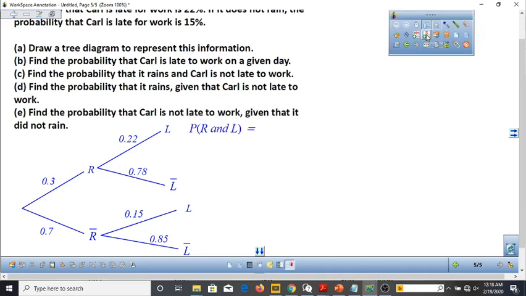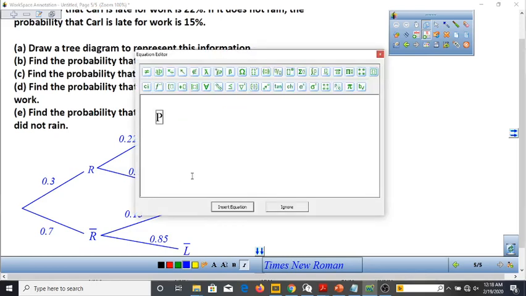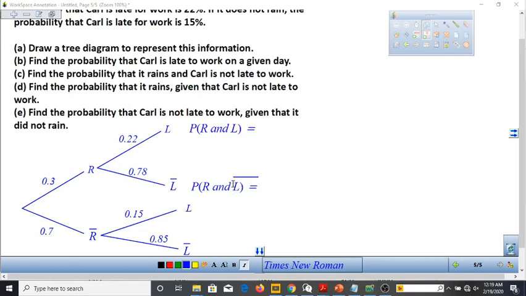Then let's do another one, but this time for R and then L complement, which we'll write as the probability that it rains, that's the R, and he is not late. We're going to see what that works out to be.